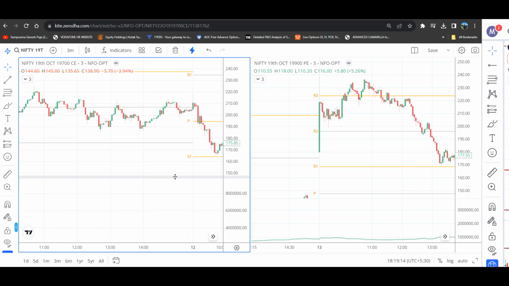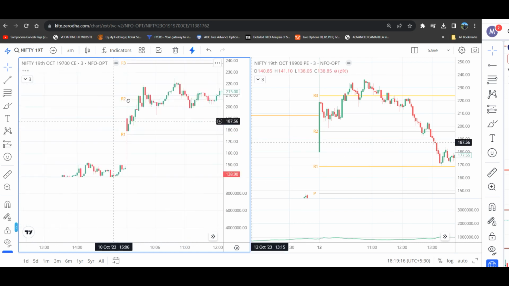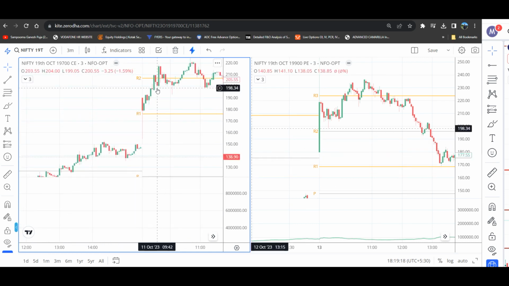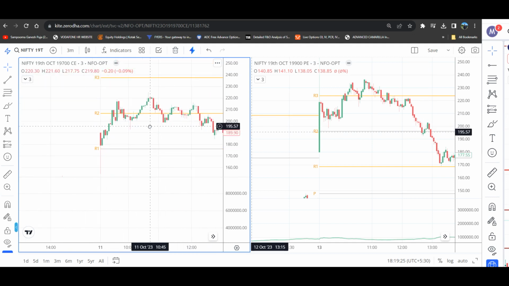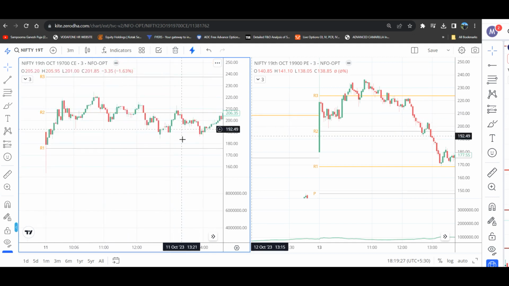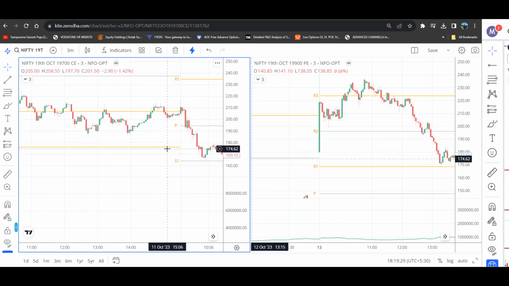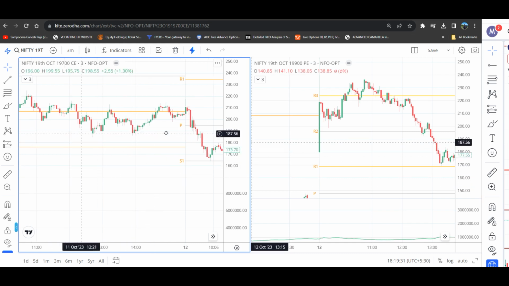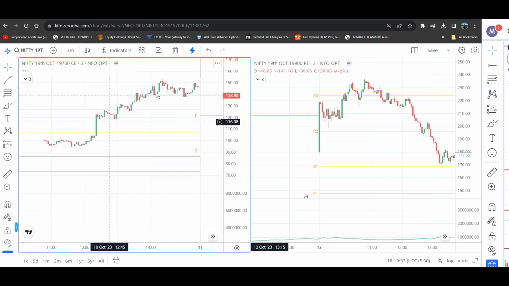Your spot price might go anywhere, but in most of the cases we are looking at, R1 it has opened, R1 it has taken the support, then it has gone to R2. R2 it has started consolidating back to this level, so it has not crossed R2 again, right?